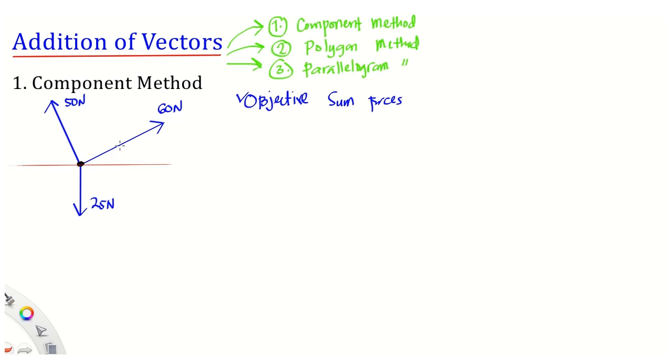Now, for me to be able to describe the direction of 60 Newton, let's use the green one. I would say that 60 Newton is at 30 degrees with respect to the horizontal axis.